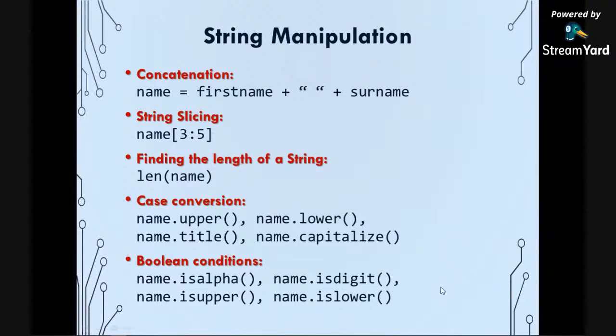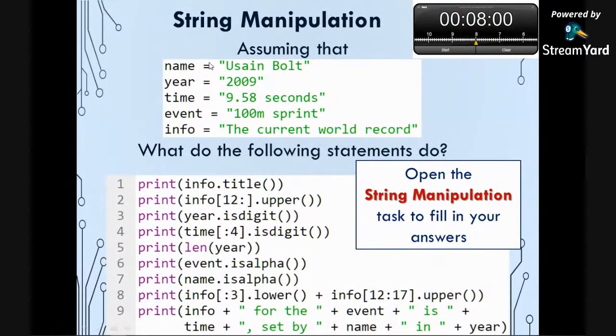Okay, so with that in mind, I want you to have a look at the string manipulation task. Assuming that name equals Usain Bolt, year equals 2009, time equals 9.58 seconds, event equals 100 m sprint, otherwise known as the 100 meter sprint, and info equals the current world record, what do these statements do?